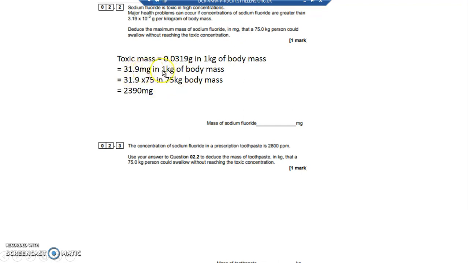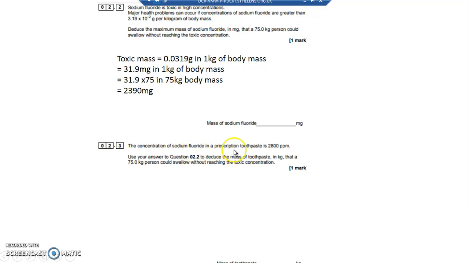So if I had 1 kilogram of body mass, I multiply it up by 75 to find out what the toxic mass is in 75 kilograms: 2390 milligrams. So I've got the amount in milligrams now that's toxic to a 75 kilogram person.